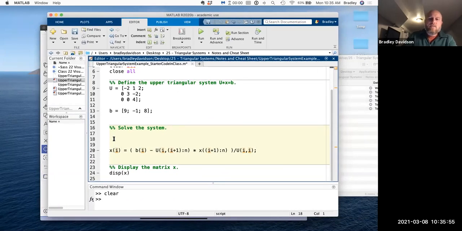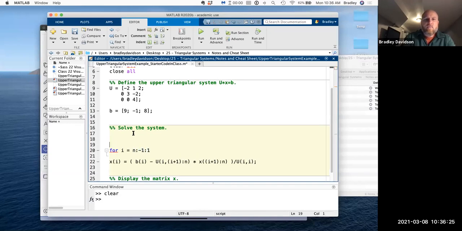So our indices will be for i equal to 3, which is also n, and then we need to go to 1 because we're going to solve for x3, x2, and then x1. To do this going from 3 to 1, we also need to give it the increment, so it's 3 stepping by -1 to 1.